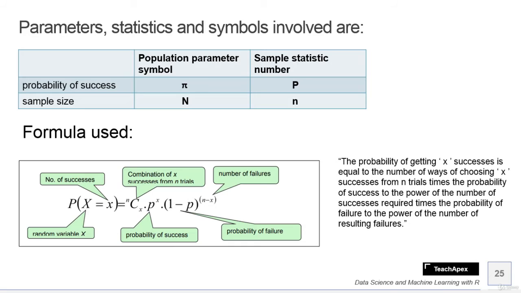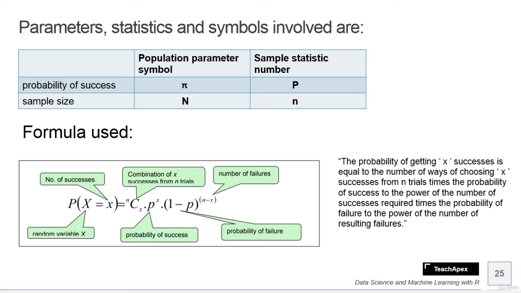In this formula, capital X is the random variable, and small x is the number of successes. p is the probability of success, C is for the combination of x successes from n trials, n minus x is the number of failures, and 1 minus p is the probability of failure.